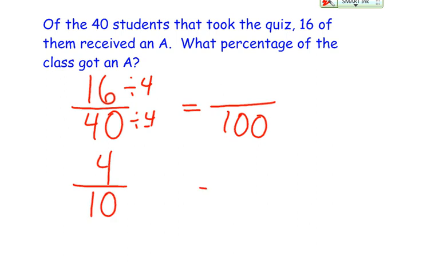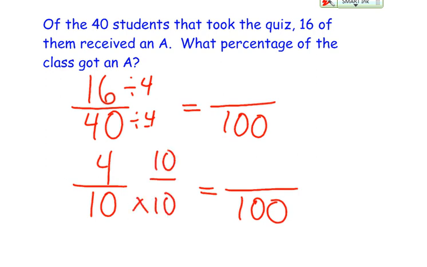And that fraction is much, much easier to convert, because now 10 times 10 is going to give us 100, and 10 times 4 is going to give us 40. And so in the end, we have an answer of 40%. So sometimes you've got to look for relationships in that way.